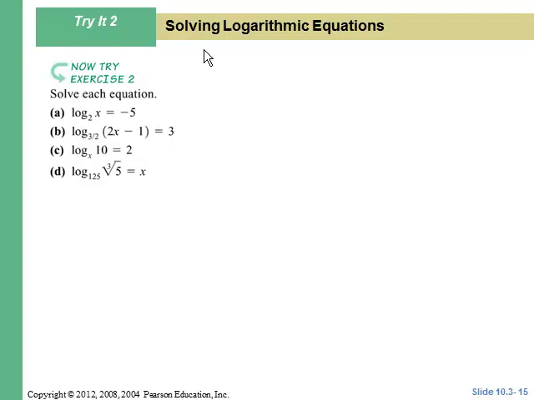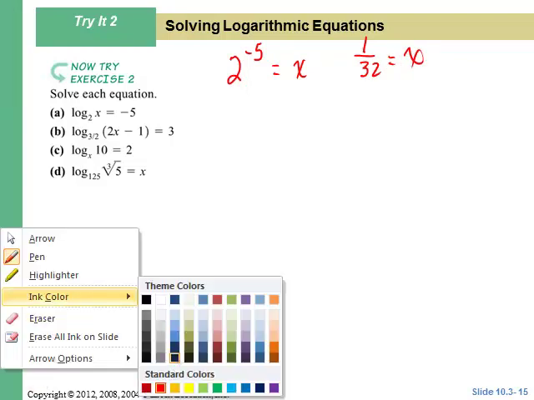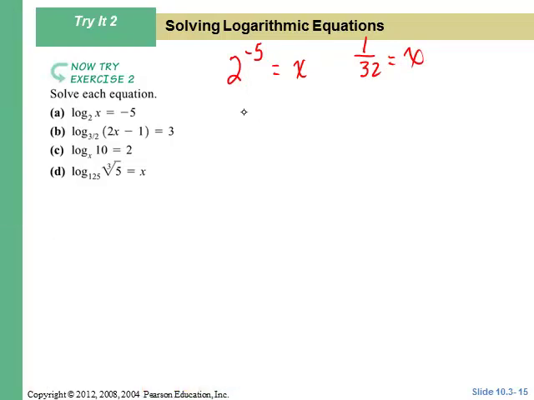Solve these four. So 2 to the -5th is x, so 2 to the -5th is 1/32, x is 1/32. 3/2 to the 3rd is 2x minus 1. 3/2 to the 3rd is 27/8, which equals 2x minus 1.